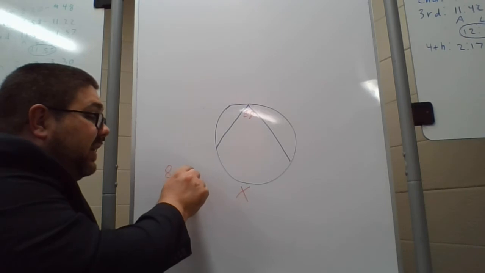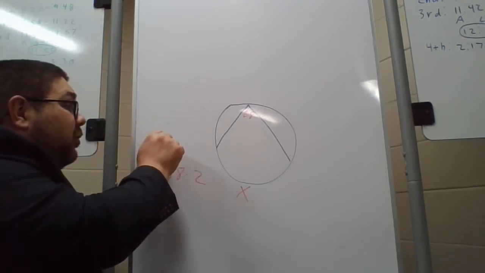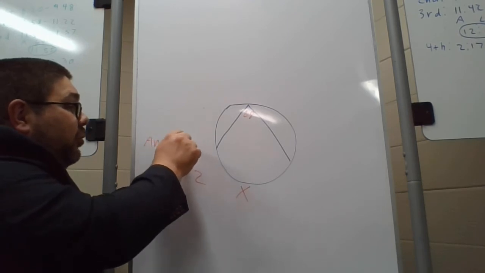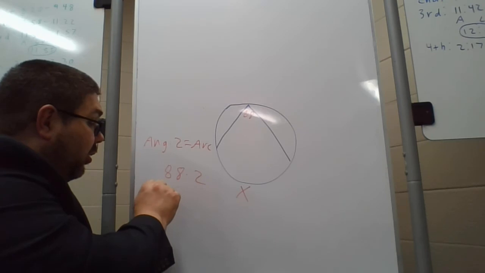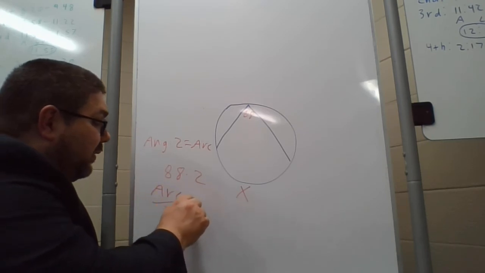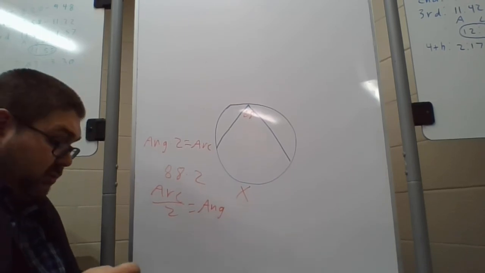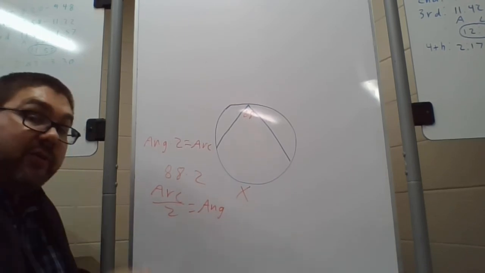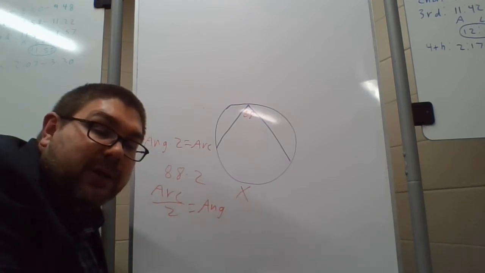All we're going to do is 88 times 2, because angle times 2 equals arc. Likewise, arc divided by 2 equals angle. So if you have the angle, you multiply by 2.